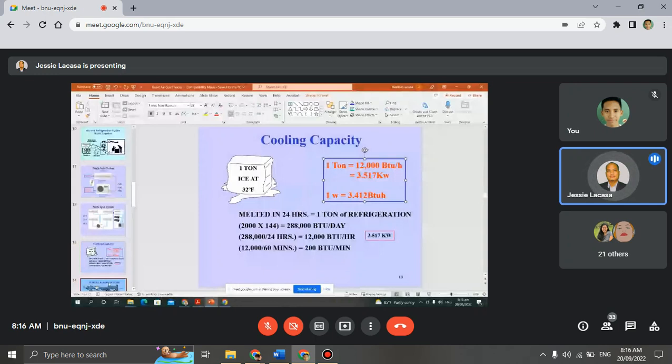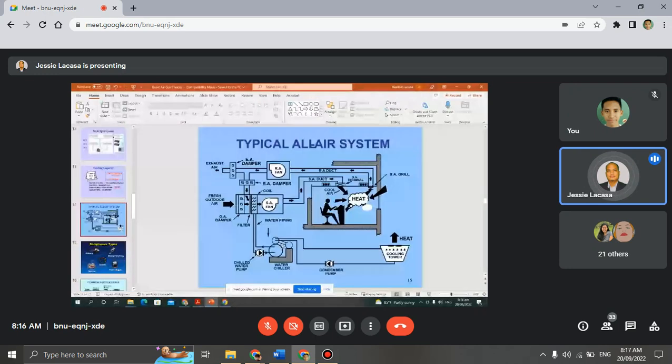The water here, we have several loops, or heat exchangers. This is the refrigerant system, inside the water chiller itself.